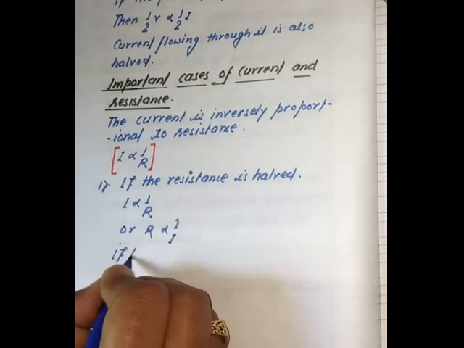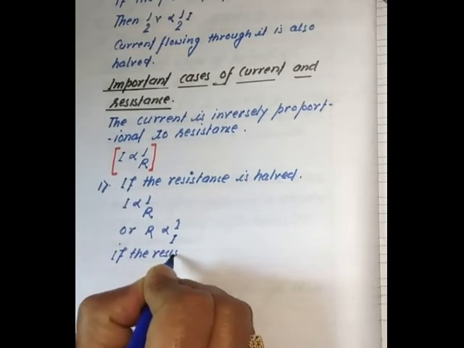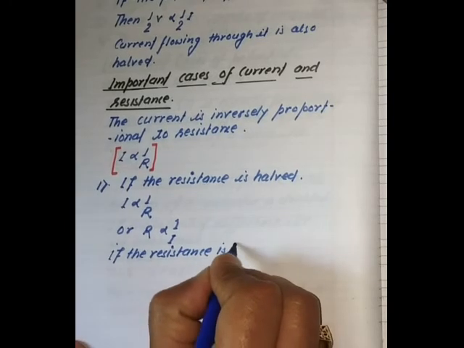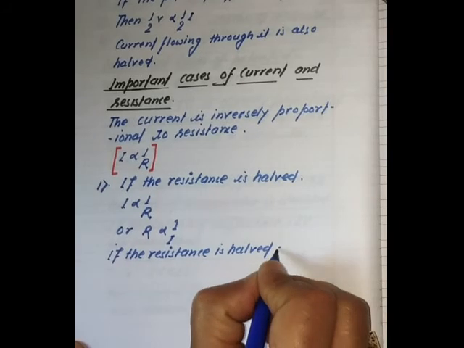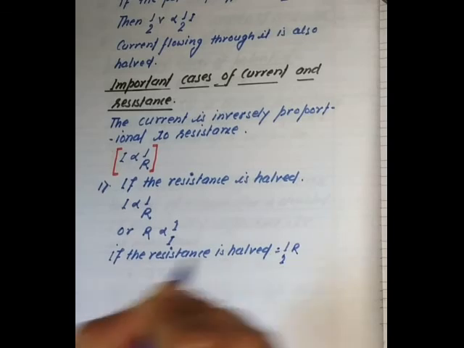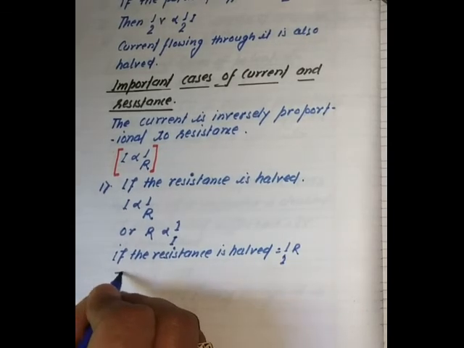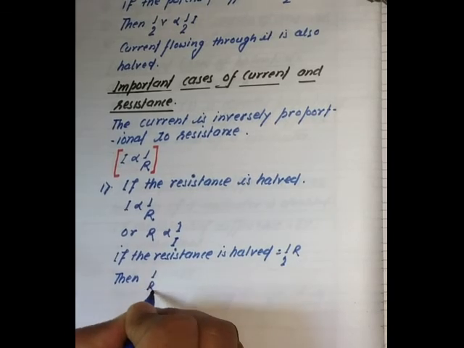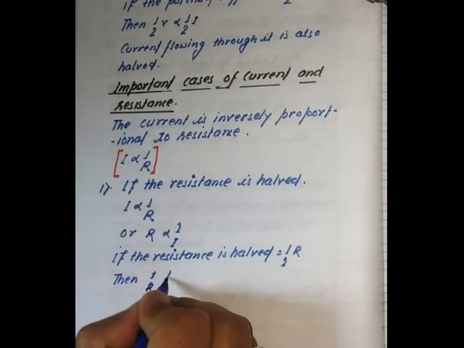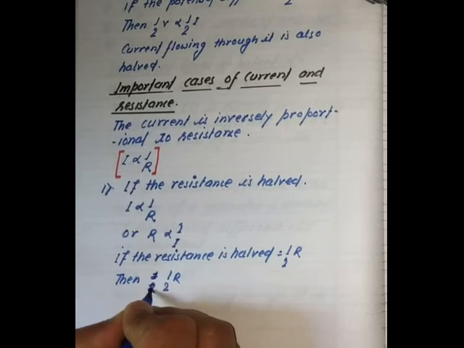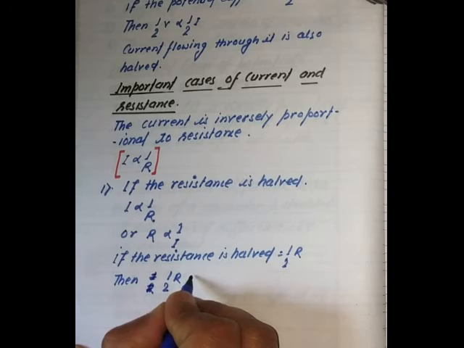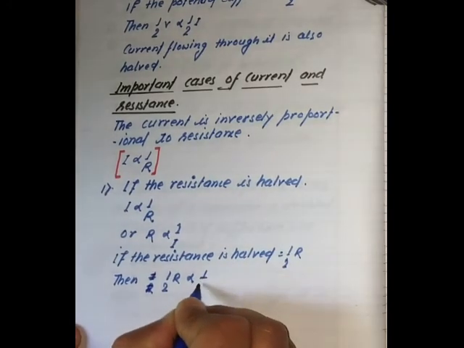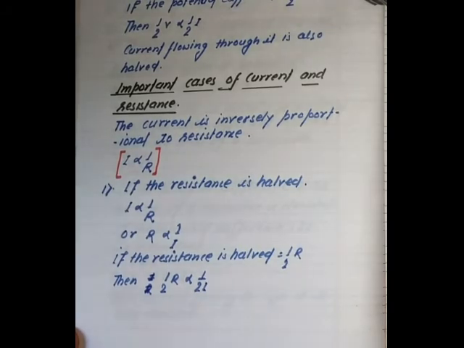If the resistance is half, 1 upon 2 R, then it is inversely proportional to 1 upon 2I, so the current is doubled.